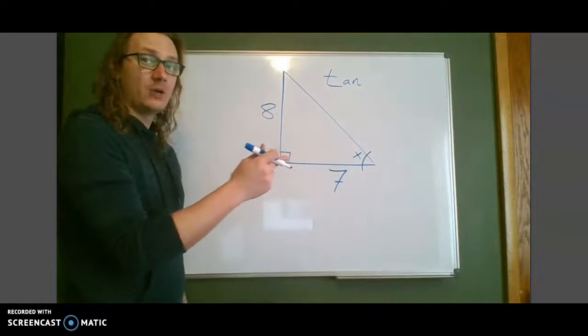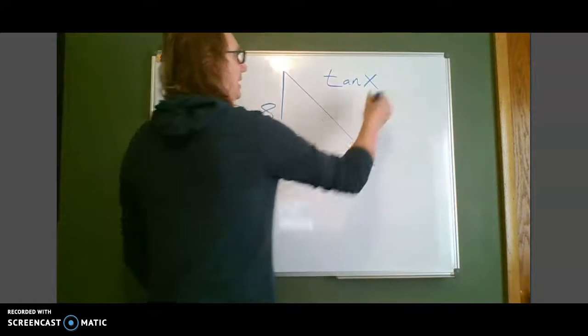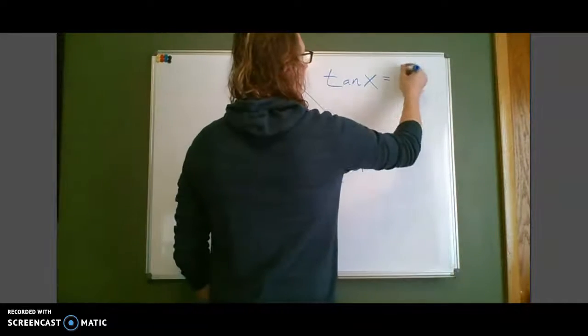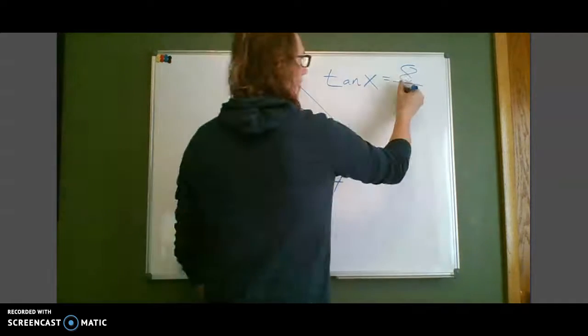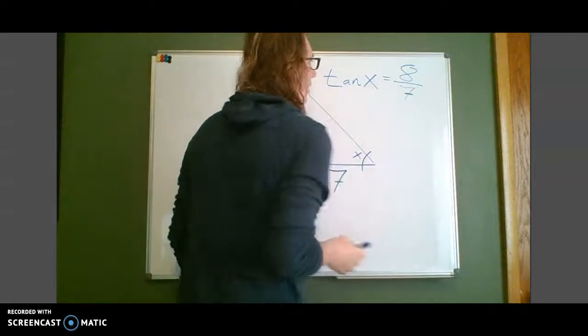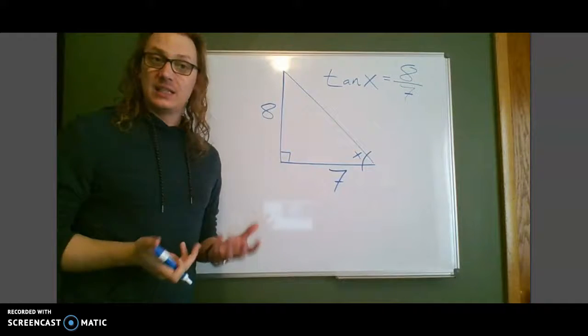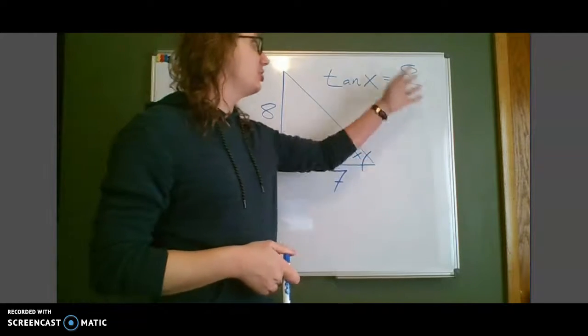My angle I don't know now. So tan of angle X equals my opposite, which is 8, over my adjacent, which is 7.